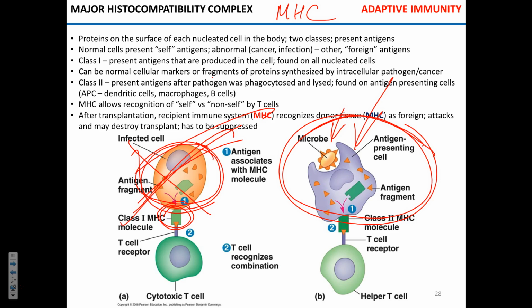And every nucleated cell in the human body has MHC class 1, so a cytotoxic T cell can approach any nucleated cell and kill it. If it finds a virus-infected cell, it's going to kill it. If it finds a cancer cell, it's going to kill it, as long as it was presented with the proper antigen.